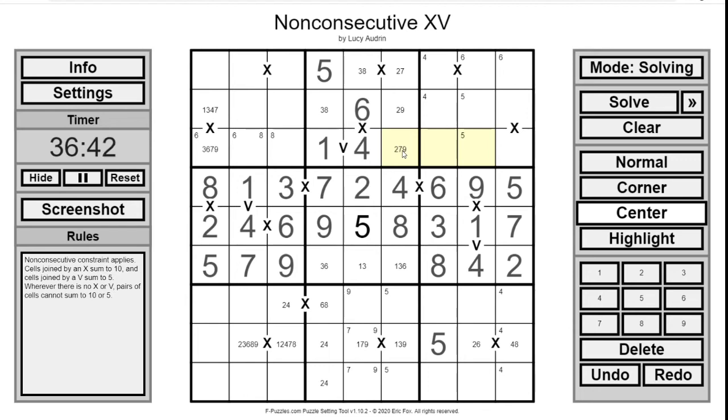Well, okay, we can rule out 2s from all those squares, all those squares. And this can't go to 8. What other 2s can I get rid of?